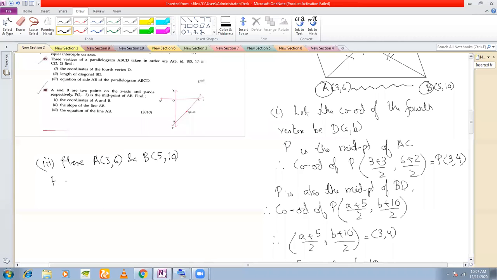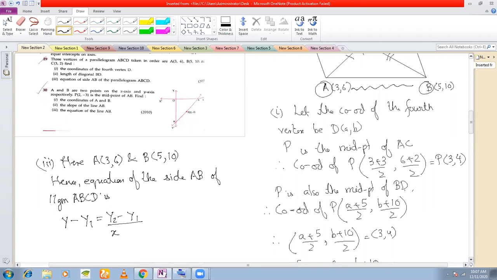Hence the equation of the side AB of parallelogram ABCD is, write down the equation in two-point form, y minus y1 is equal to y2 minus y1 by x2 minus x1 into x minus x1.